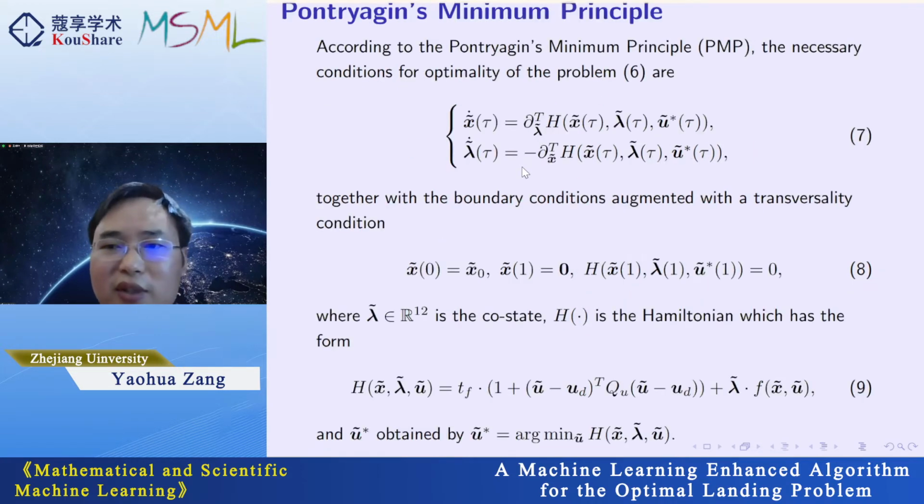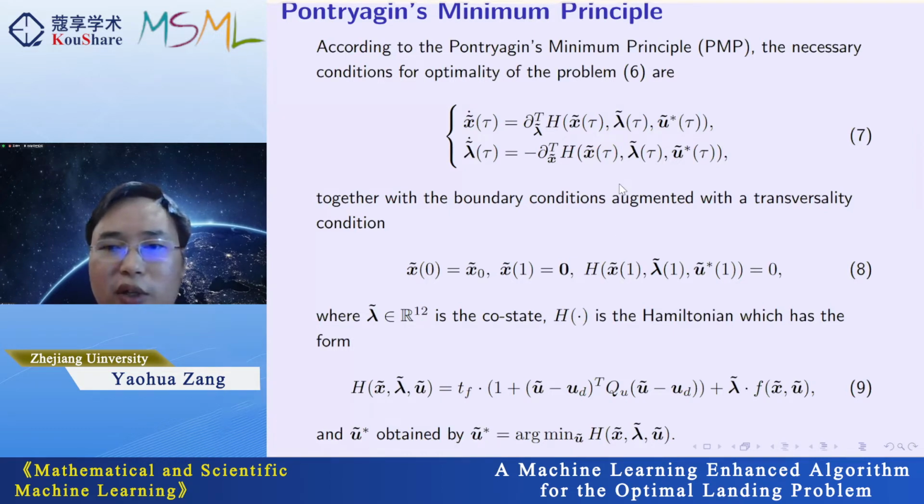Now we introduce the Pontryagin minimum principle, which we use to derive the two-point boundary value problem for the optimal landing problem 6. According to the Pontryagin minimum principle, the necessary conditions for the optimality of problem 6 are the following ordinary differential equation 7, together with two boundary conditions augmented with this transversality condition, where lambda tilde is the co-state and capital H is the Hamiltonian, which has the following form.